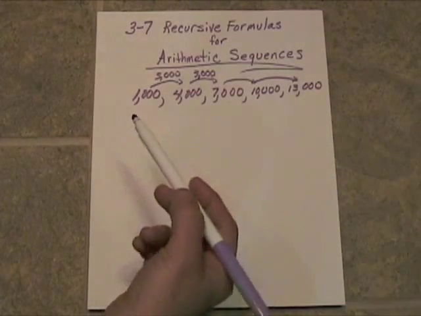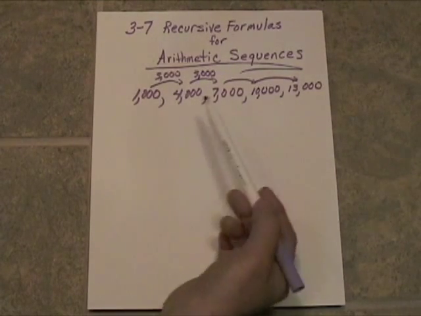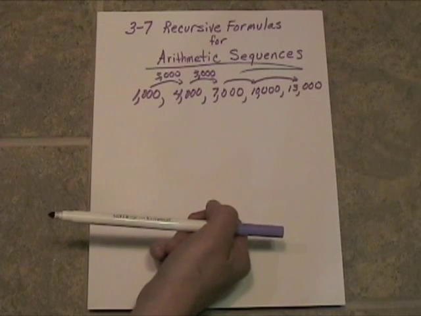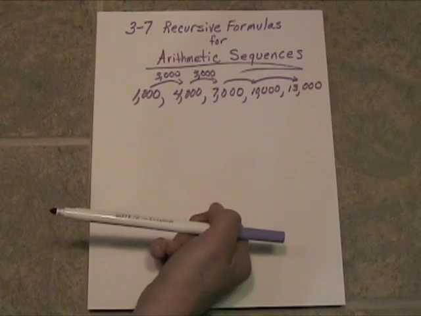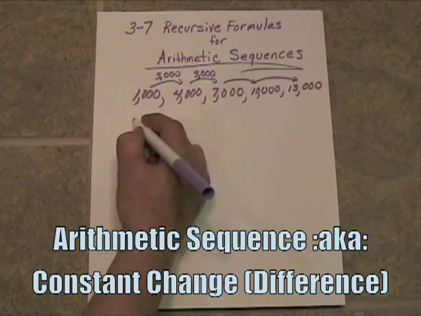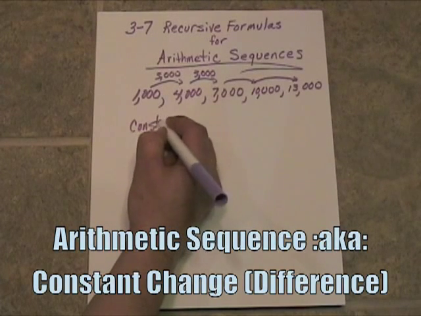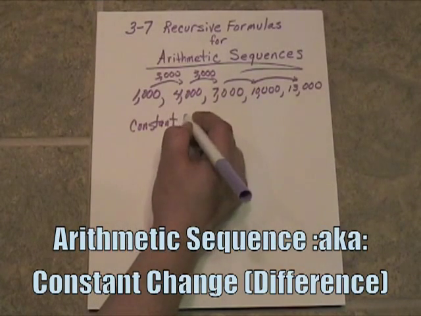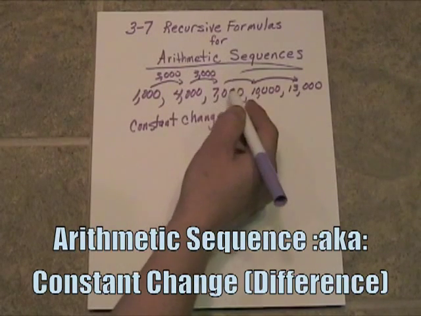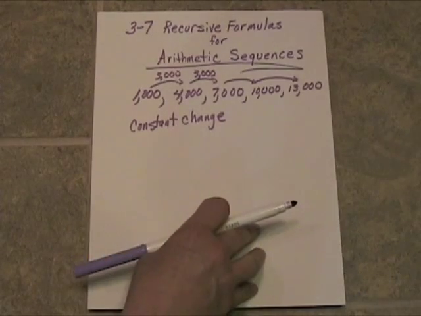Okay. Now, whenever that happens, when there's a constant difference, all these numbers are exactly 3,000 miles apart. When there's a constant difference, you get something called an arithmetic sequence. Okay? Constant change. All right? We have constant change over and over again.